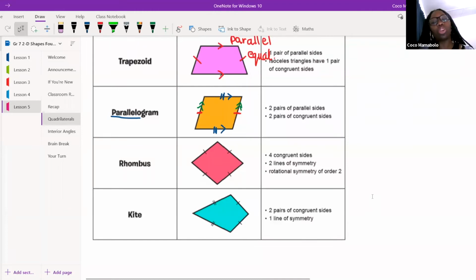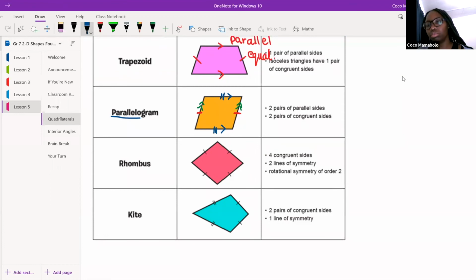A rhombus. Who can tell me something about a rhombus? I'm hoping Luto at some point will put his hand up and speak to me. Now, my sweetie, what can you tell me about a rhombus? I need you to unmute. Oh, no. Noah, are you there?